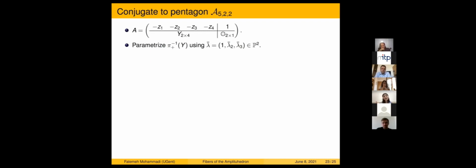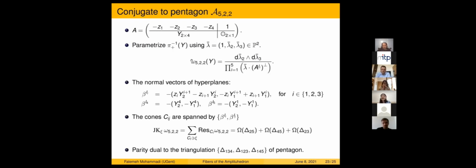Now let me give you another example, which is not a polytope, so it's conjugate to a polytope. Sorry, in this case, it's actually again a polytope, but it's conjugate to the pentagon. So you have fixed your Z, and let's say I have taken a specific chart, and I have parameterized my pi inverse Y. Then I take this form, which would be the corresponding form of the fiber.